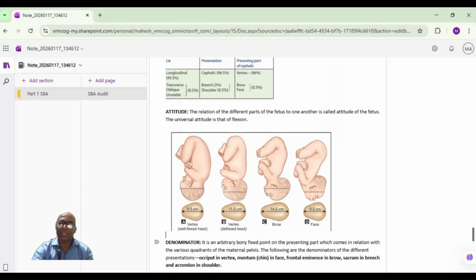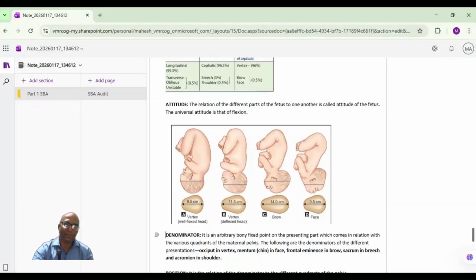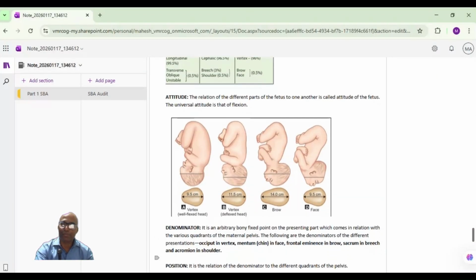Then denominator: it is an arbitrary bony fixed point on the presenting part which comes in relation with the various quadrants of the maternal pelvis. The following are the denominators of the different presentations. We have the occiput in vertex, mentum or chin in face, frontal eminence in brow, sacrum in breech, and acromion in shoulder. This is also an SBA. They have asked in the past, what is the denominator in brow presentation?